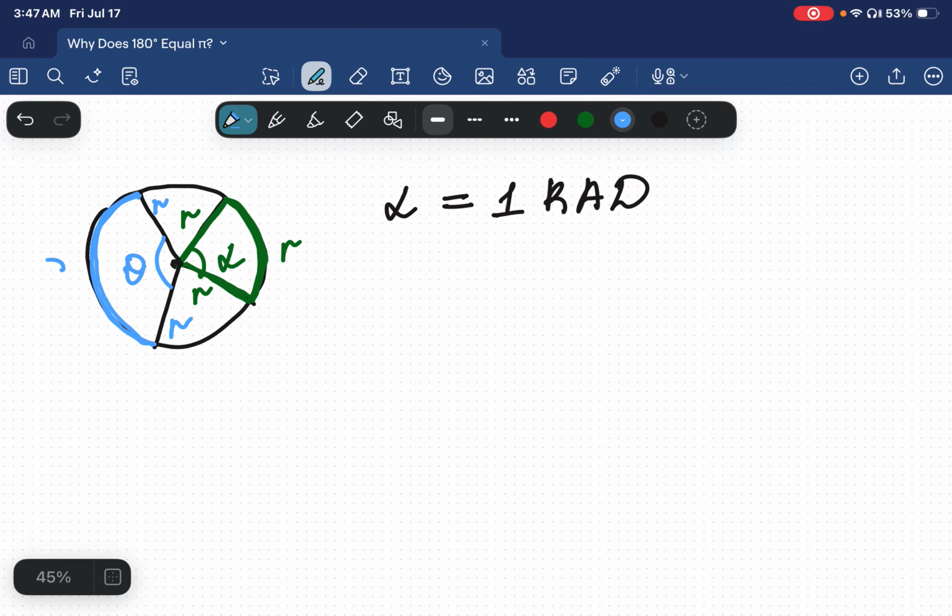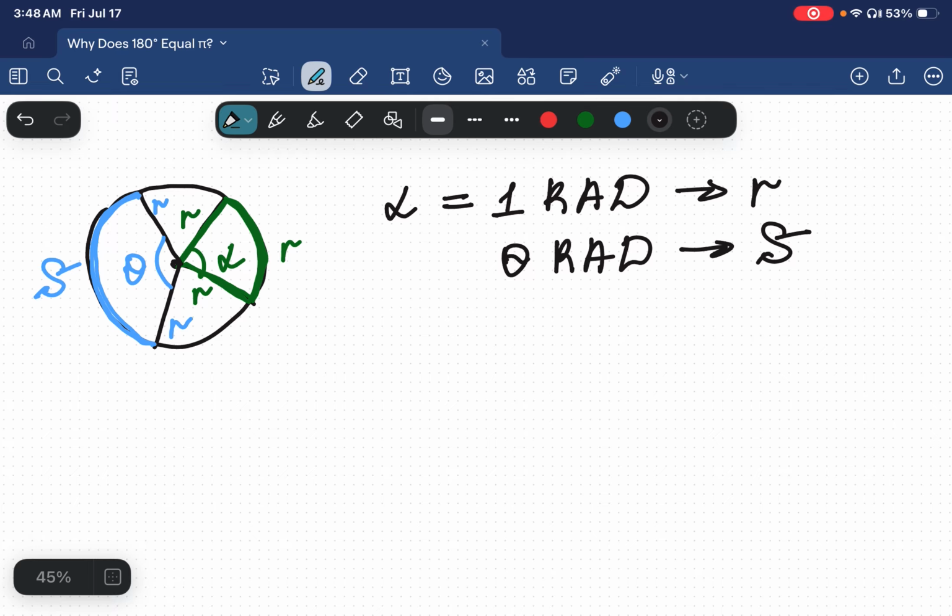Let's call it s. We already know that for 1 radian, the arc length equals r. Then for theta radians, for our second angle, the arc length equals s. Basically, as the angle gets larger, the arc gets larger in the same proportion.